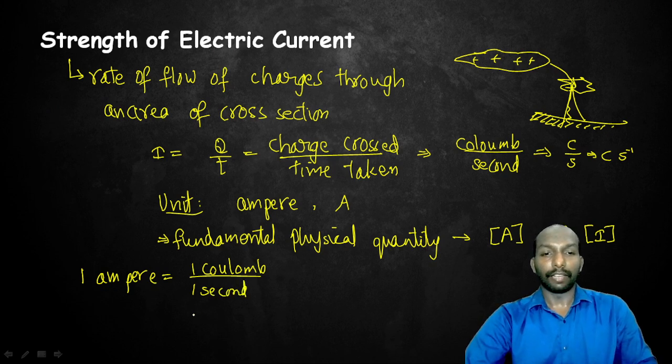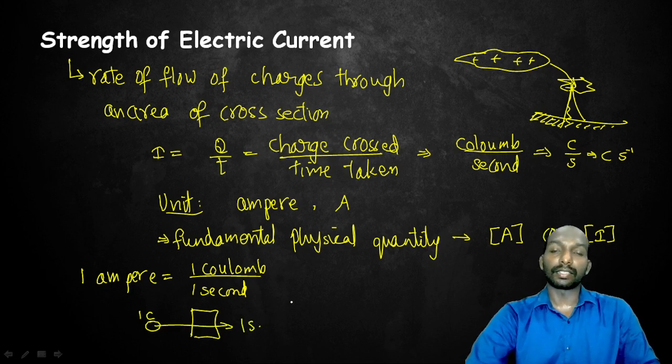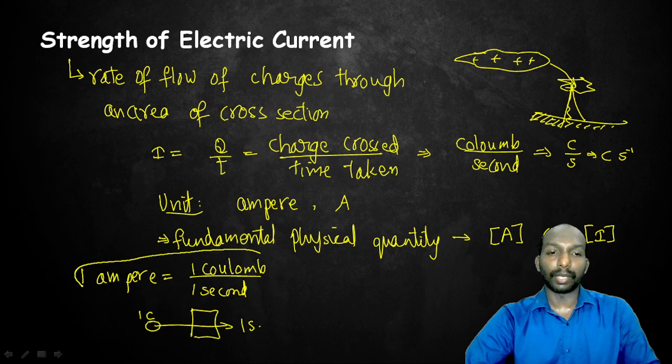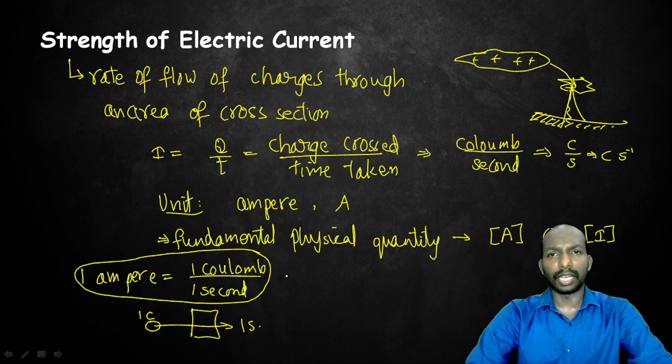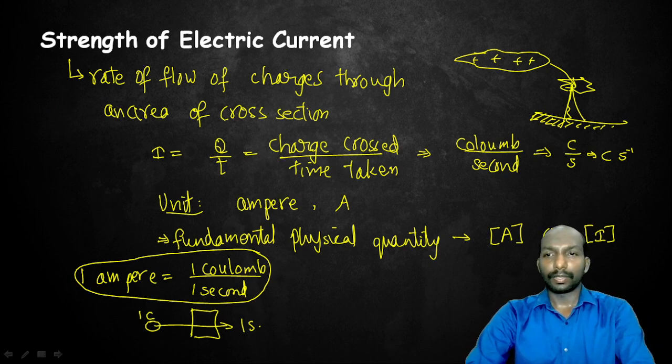That means if we take some area of cross section, and 1 coulomb of charge crosses it in 1 second, then the current is 1 ampere. So ampere is the electric current when 1 coulomb of charge crosses any area of cross section in 1 second.